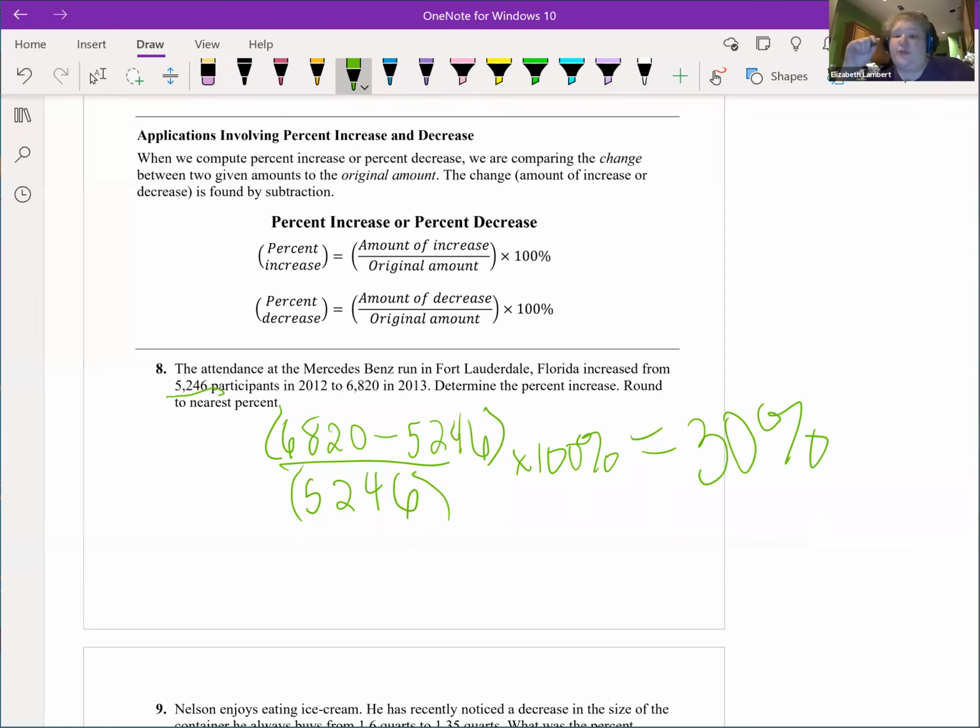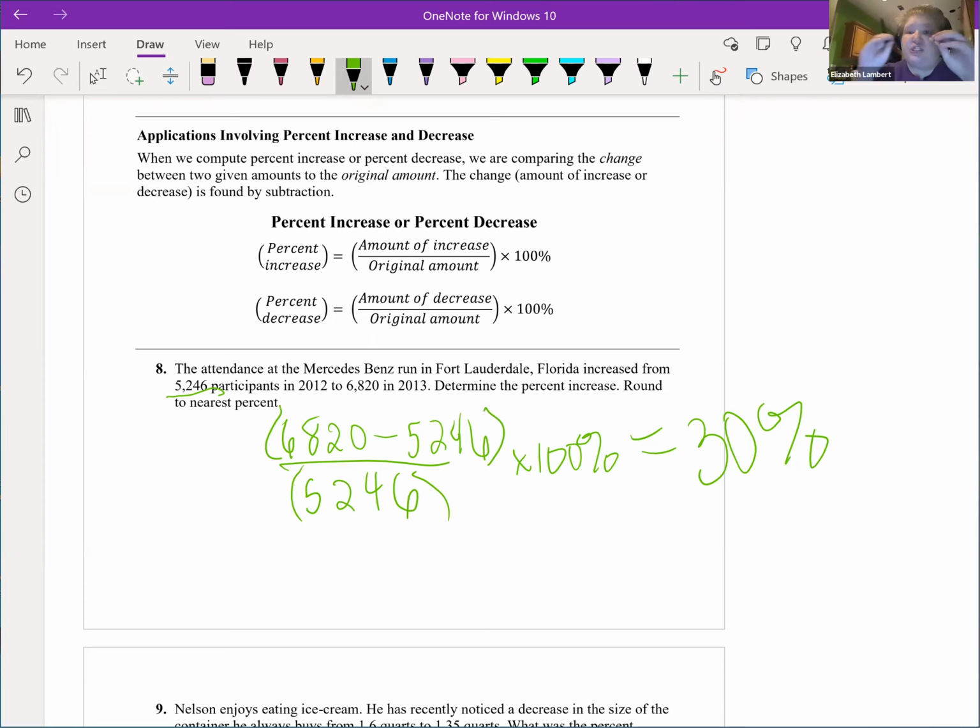So that is a 30% increase in the number of people who attended, but the 6,820 is 130% of the 5,246. So the percent increase is, you had 100% and then you increased it by this much more.